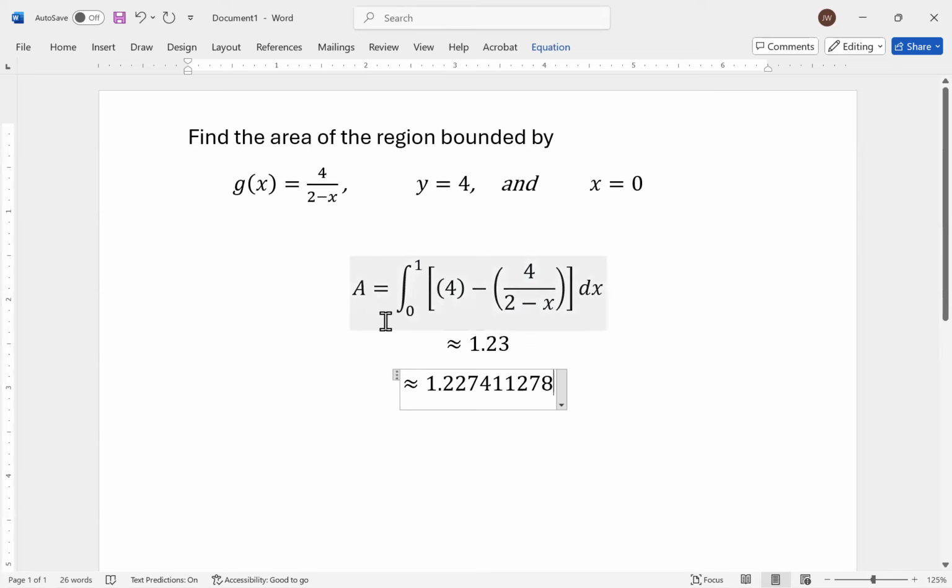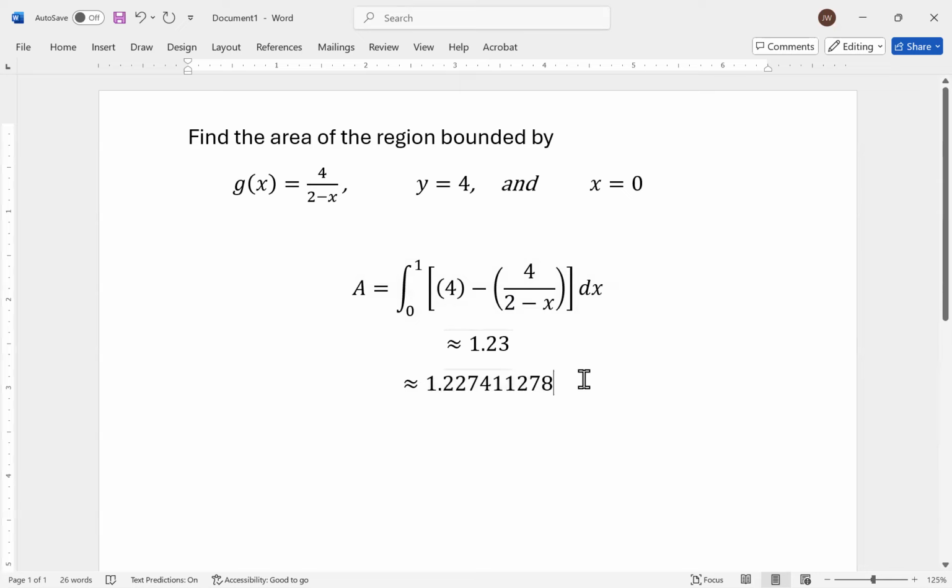In fact, if you were to try to find the actual antiderivative here, you'd have to use natural logs. That's what happens. So you'd end up with a natural log of something. So that's where that ugly decimal is coming from. It's coming from a natural log of some value.